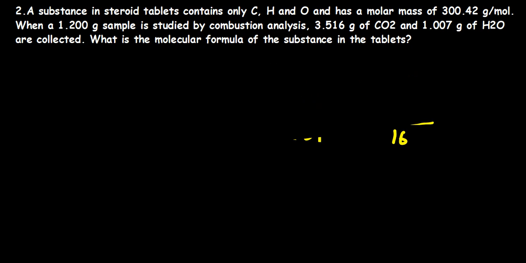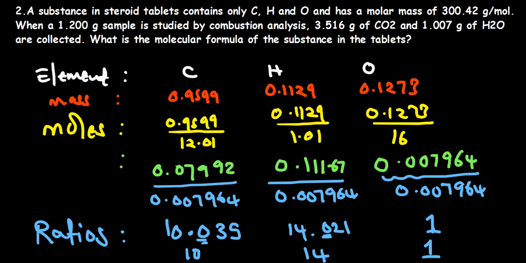Yes, what is your question? On the part where we're dividing under hydrogen, we divided 0.1129 by 1.01, but when I punched on my calculator, it was giving 0.11178. Can it still be correct?